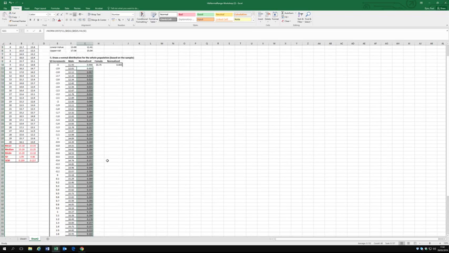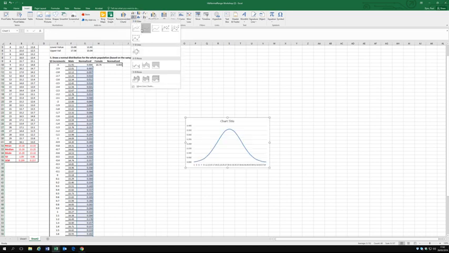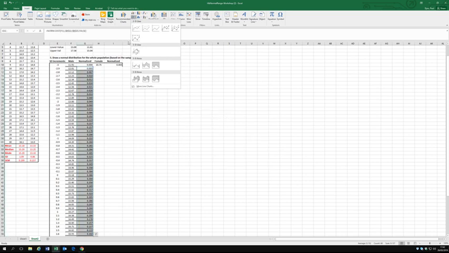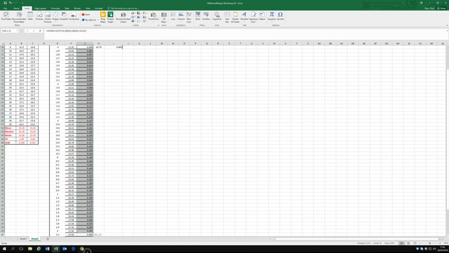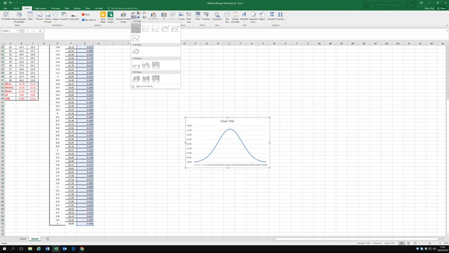When we're looking at developing an actual chart of this data set, we can use a line graph, and we can refer to specific data. If we choose a line graph, in this instance, we've selected not quite all the data, so let's just select all the data and choose a line graph.